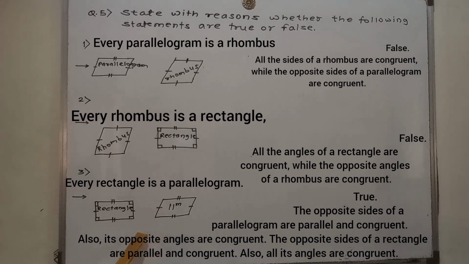Also its opposite angles are congruent. Now here in rectangle, the opposite sides of rectangle are parallel and congruent. Parallel as well as congruent. Also, all its angles are congruent. Therefore, opposite angles are also congruent. Did you get it?